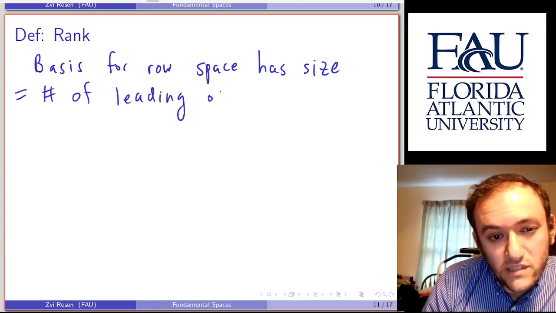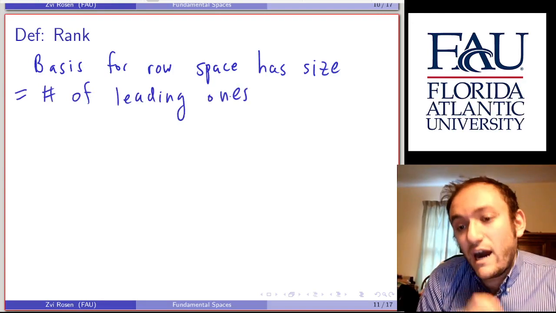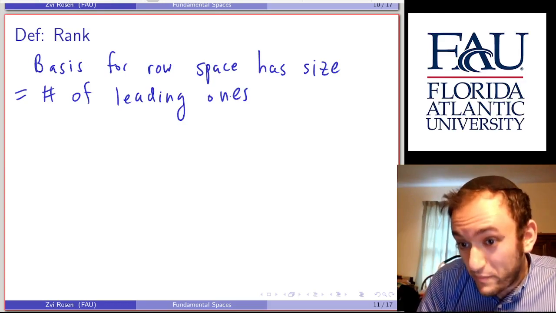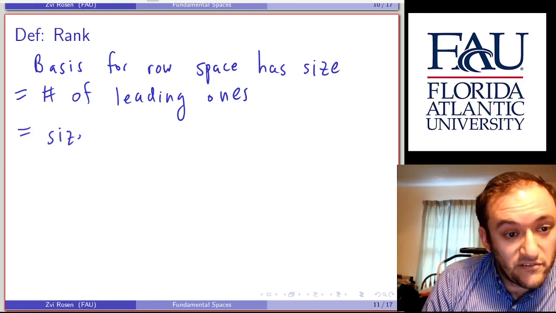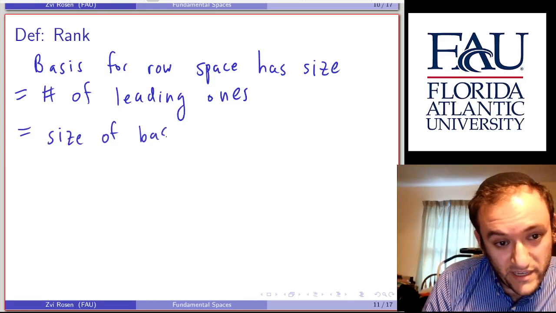But the leading ones also indexed the column vectors, which were a basis for the column space. Size of basis of column space.